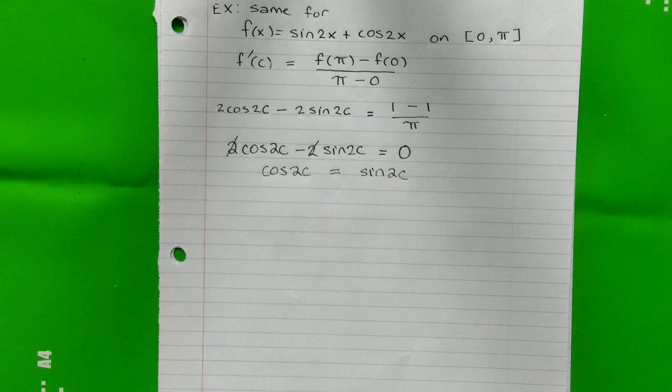So we know the cosine and the sine are the same at pi fourths. So the 2c has to be pi fourths. They're also the same in quadrant 3. So pi fourths plus pi puts me outside the interval, but let's make sure that it's satisfied by 2c.